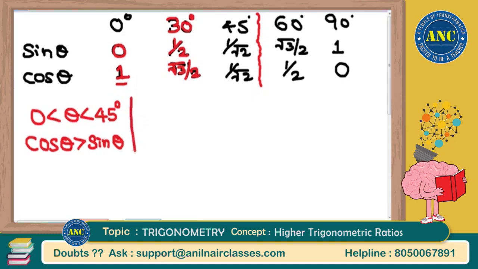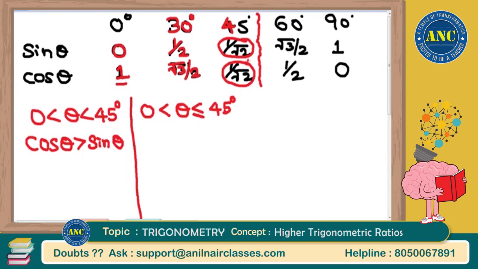But if I make this equal to 45 degrees, 0 less than theta less than or equal to 45 degrees, at 45 degrees cos theta value is 1 by root 2, and sin theta value is also equal to 1 by root 2.